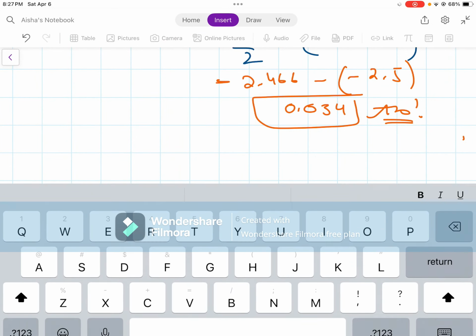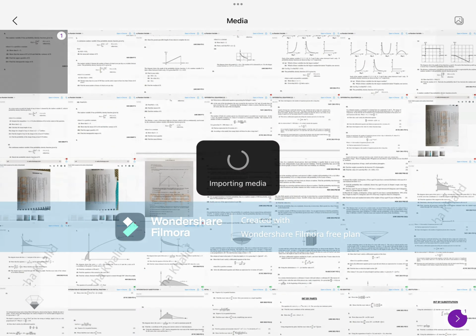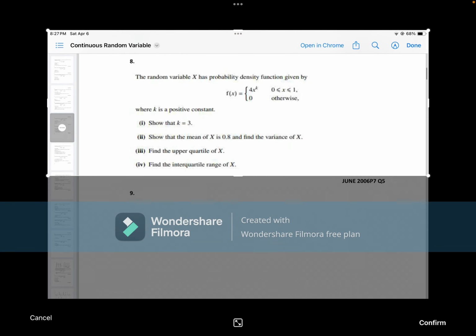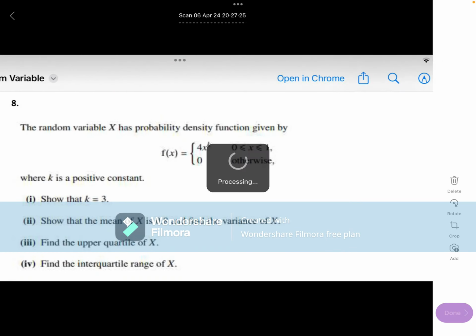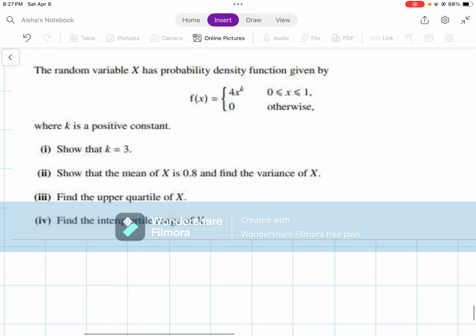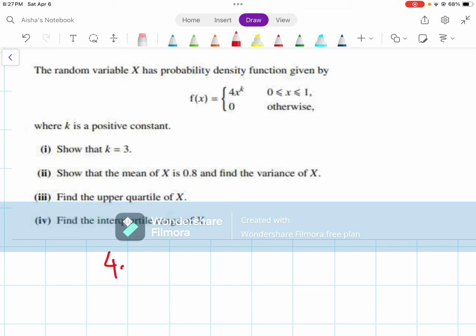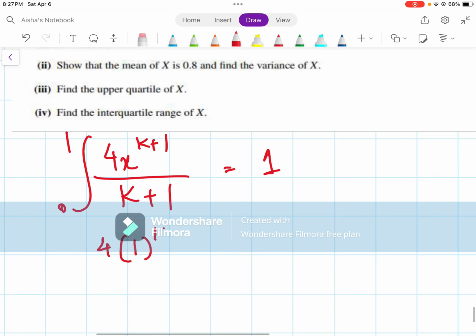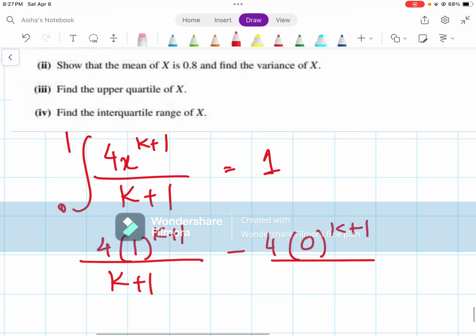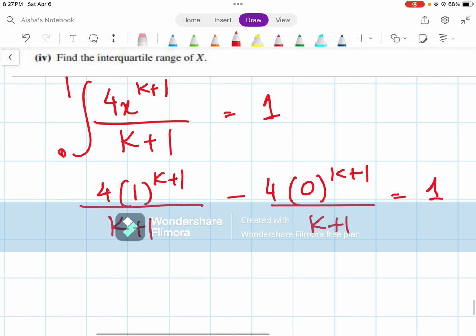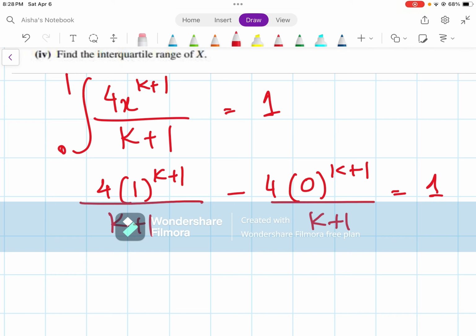Alright, let's do a couple more questions from past papers so that you have a better understanding. Show that k is equal to 3. When I integrate it with full limit, the entire equation will be equal to 1. Anything multiplied by 0 remains 0. Anything power k plus 1 to the power anything remains 1.